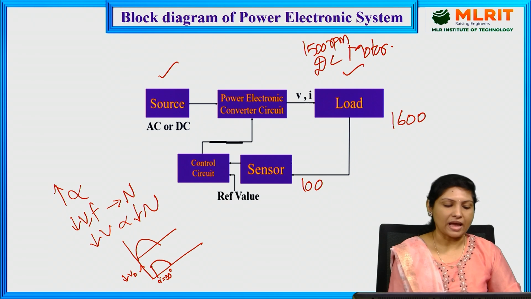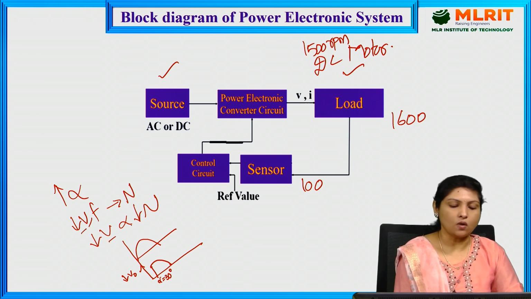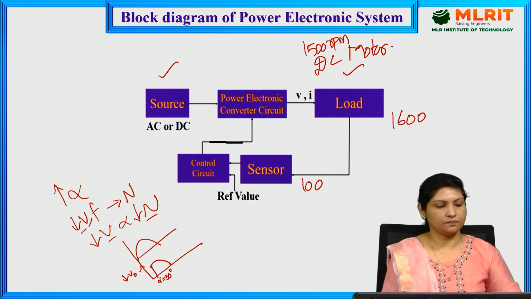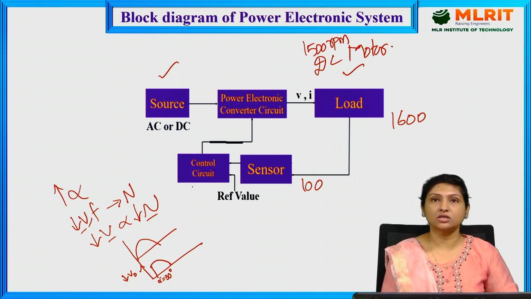Thereby, we can control the speed of the motor by reducing the output voltage. This is how the control circuit will be generating the signals based on the reference speed, and thereby we can actually control the speed of the load.